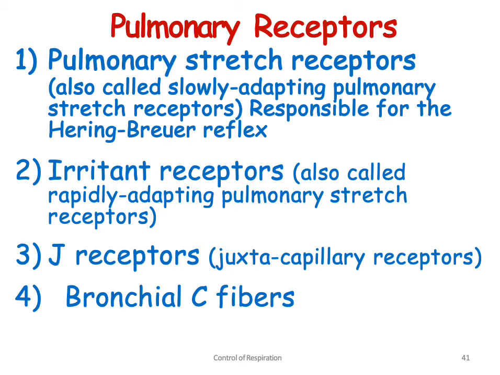The third pulmonary receptors are J receptors, or juxtacapillary receptors, and the fourth pulmonary receptors are bronchial C receptors.